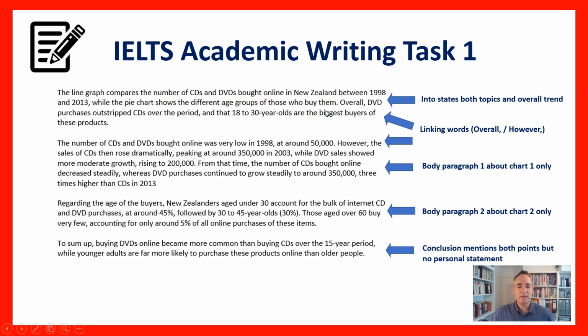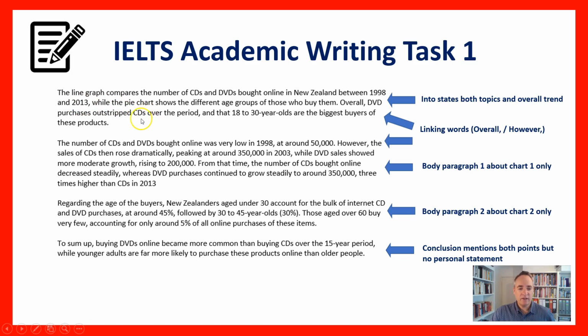Very clear. We've said that we've got the number of in the first one, and then the age groups in the second one. Overall, DVD purchases outstripped CDs over the period. So there were more DVDs bought than CDs over that whole period. What's the period? The period is from 98 to 2013.